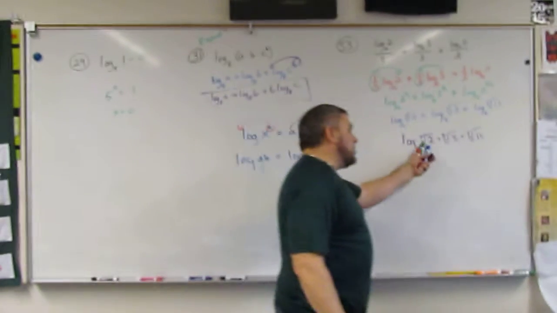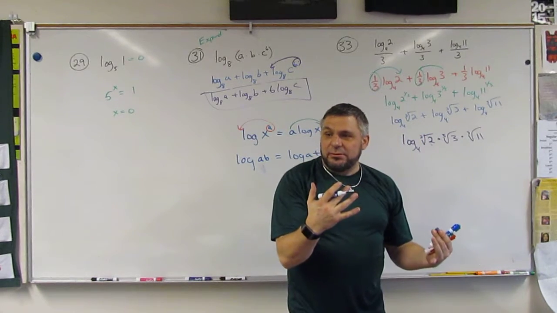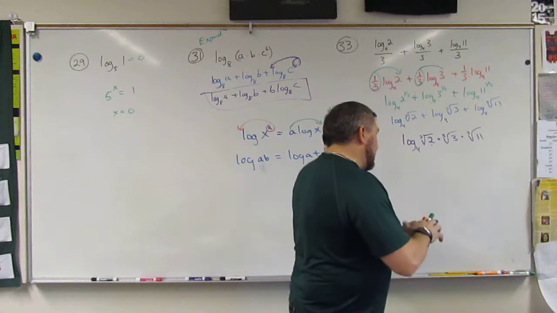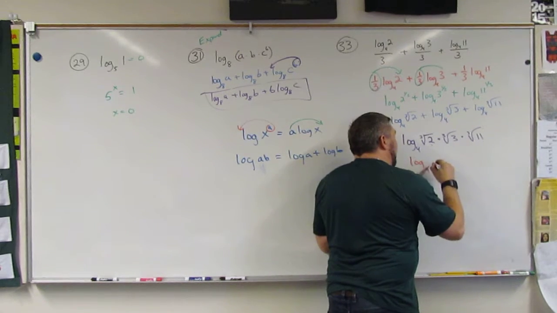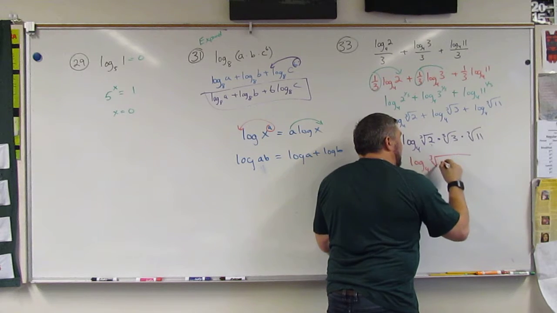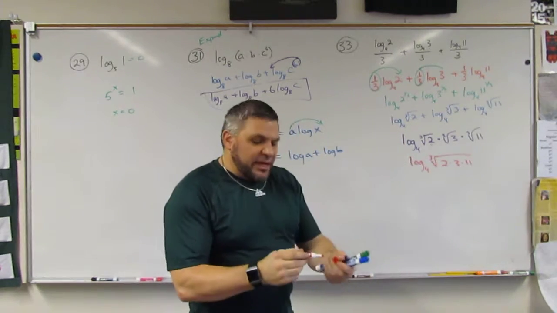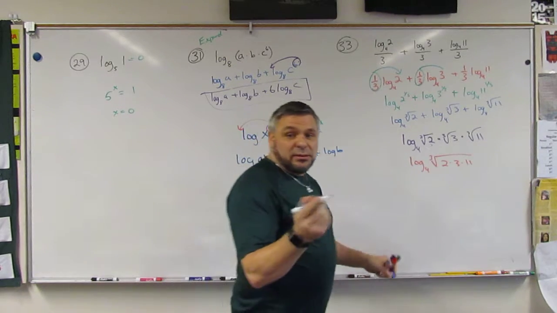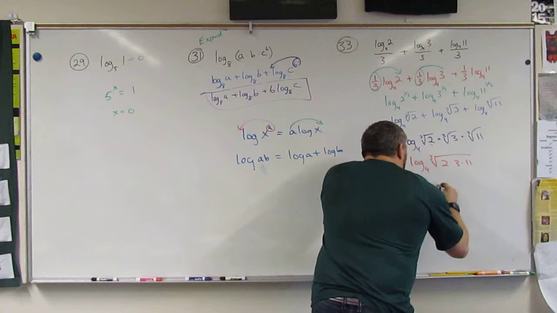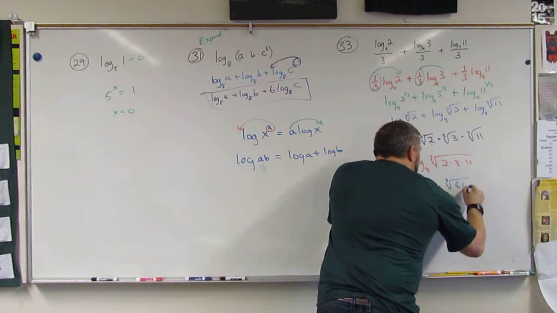Now, if those are all cube roots, can we multiply them under the same cube root? Yes. So that's log base 4 of the cube root of 2 times 3 times 11, which is 6 times 11, which is 66. So it's log base 4 of the cube root of 66.